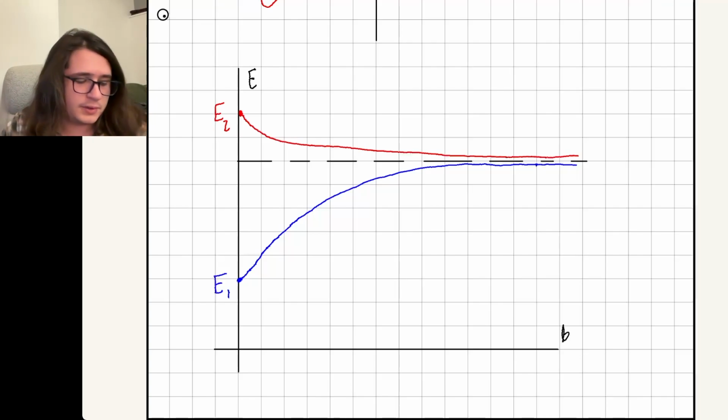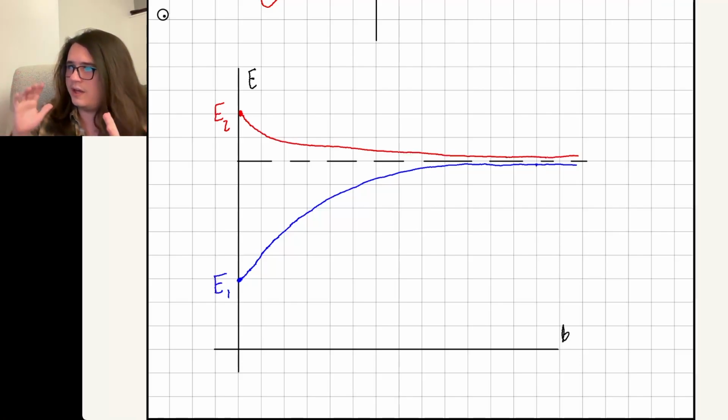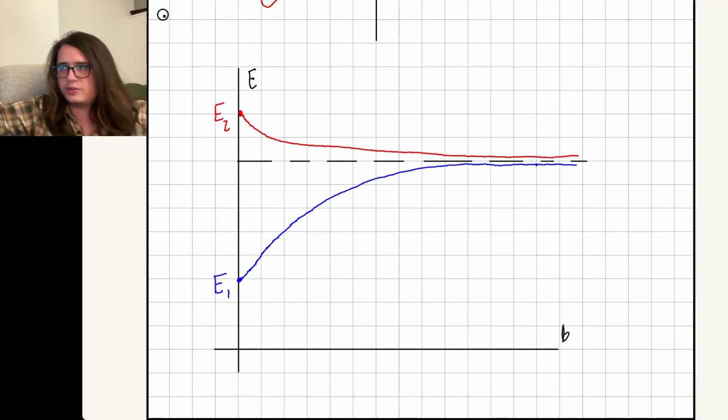The thing about multi-particle systems is that they're always trying to get to a state that has less energy, right? So you can see that E2 decreases as separation increases, and so you can guess that if you have electrons in the first excited state, they are going to try and get to that lower energy state, so they have to push away the atoms. They have to increase the separation to get that nice value.